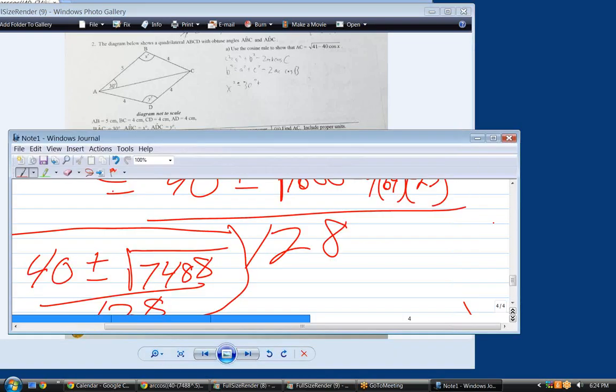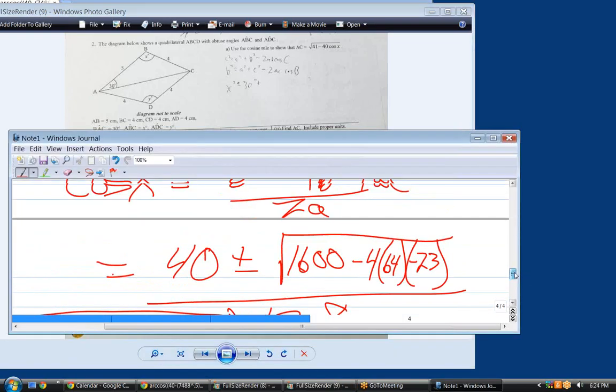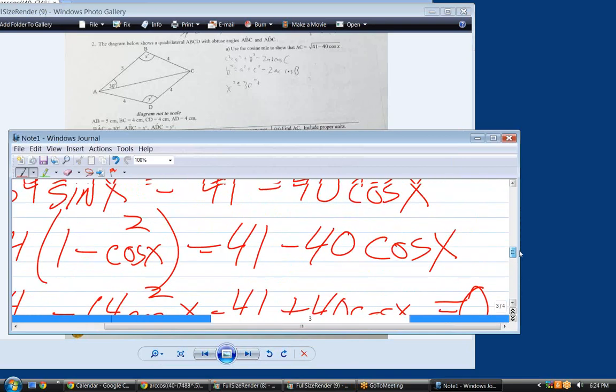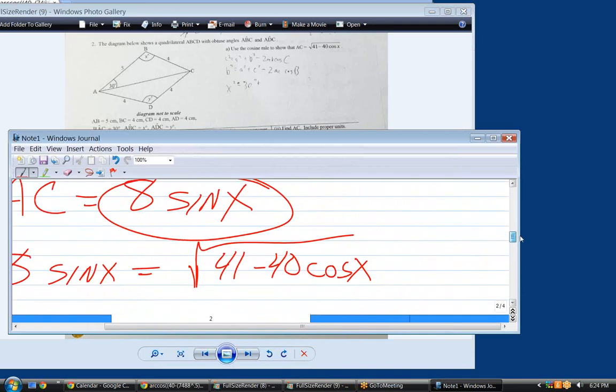Aren't we supposed to find AC first? Or do we? Oh, right. We just did C. Yes, we didn't do D. Find AC in proper units. Okay, well that's easy enough. We've got AC was equal to 8 times the sine of x.